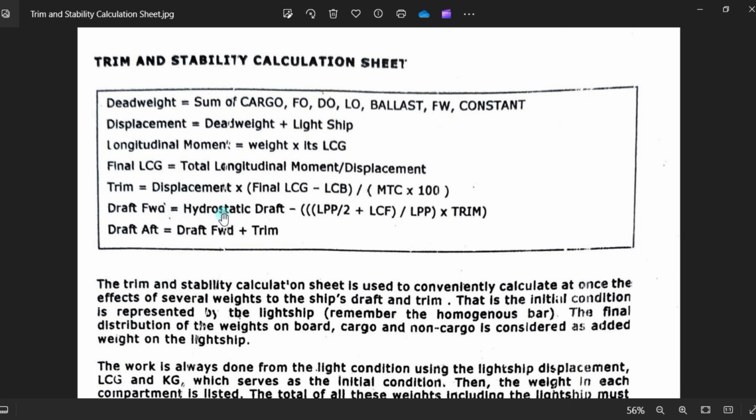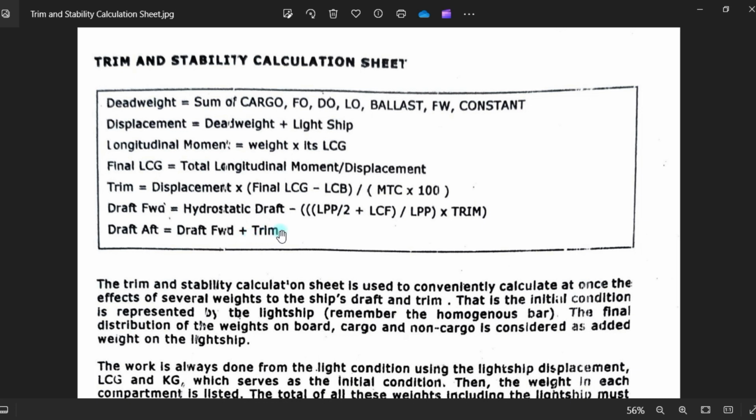To get the forward draft, from the hydrostatic table, minus LPP over 2 plus LCF over LPP times trim, and your draft aft is forward plus trim.